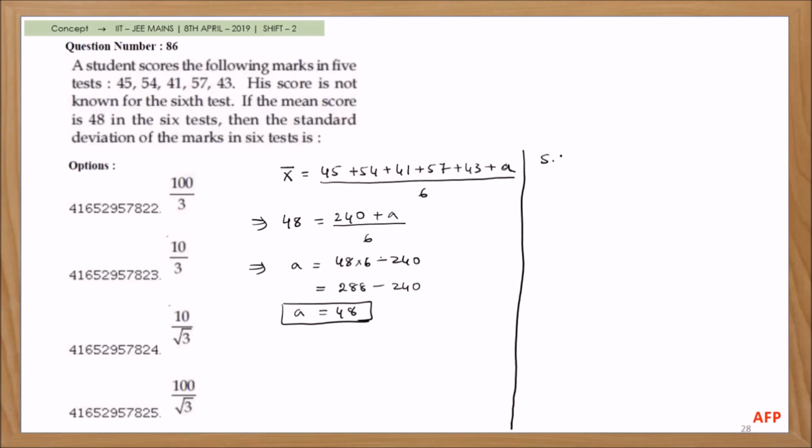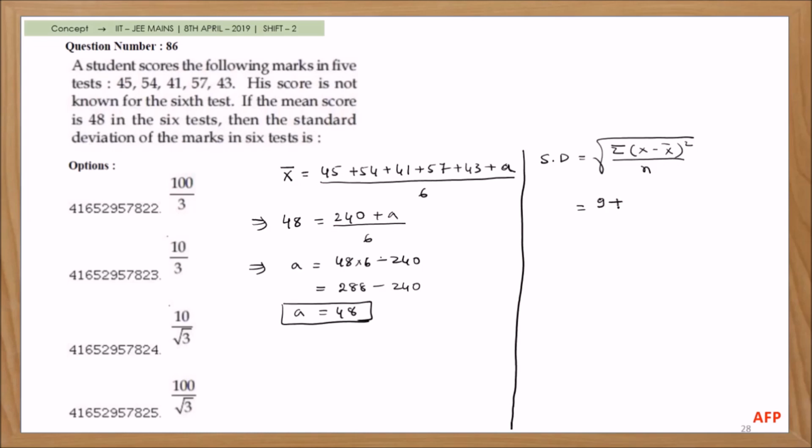The standard deviation, we all know, is the square root of the summation of (x minus x bar) whole square divided by n, the number of observations. We subtract the mean 48 from each value and square it. 48 minus 45 is 3, 3 square is 9.